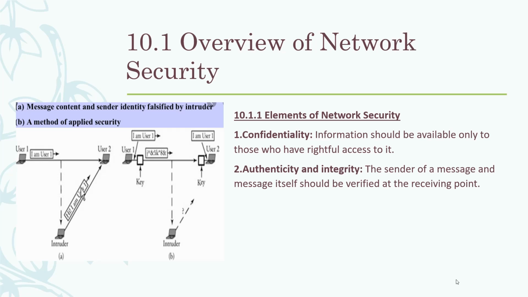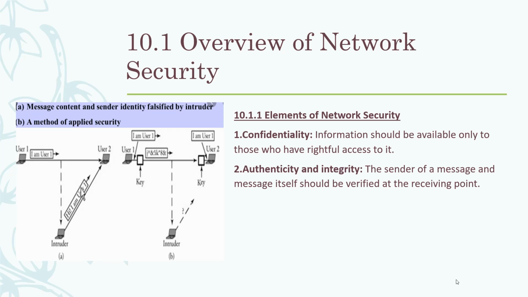So let us look at diagram B, where a security block is added to each side of the communication and a secret key that only user 1 and user 2 know about is included. Therefore, the message is changed to a form that cannot be altered by the intruder.